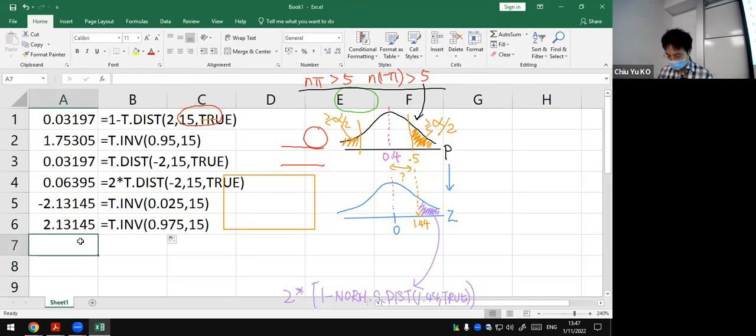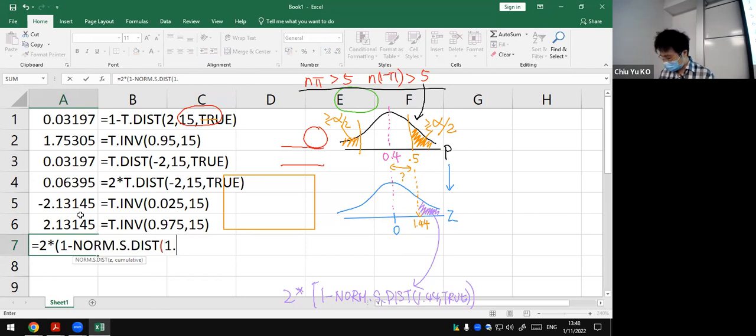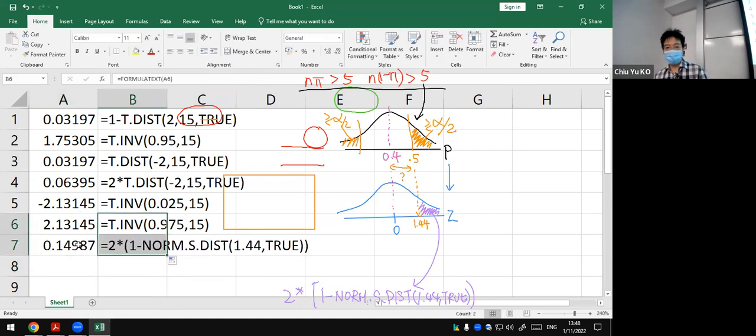Okay, so let's actually do that: 2 times (1 minus norm.S.dist of 1.44, true). Close bracket, close bracket. So that gives us the answer. The reason you multiply by 2 is that it's a two-sided test, so you multiply by 2 and compare with alpha.